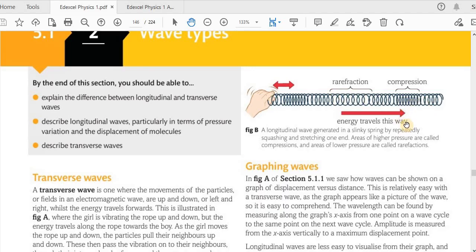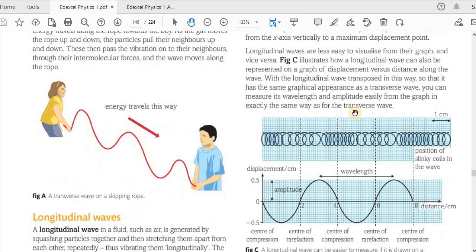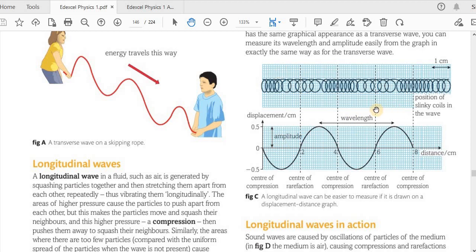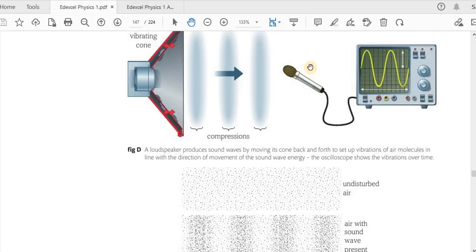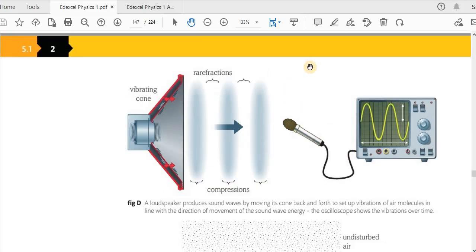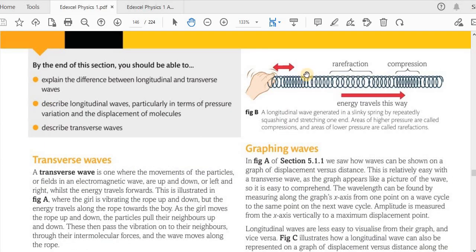Compressions are where the particles are close together. Rarefactions are where they are further apart. And this happens when a wave is passing through, where the wave is a longitudinal wave. Then remember this graph we went through. Sound wave is a longitudinal wave. You can create longitudinal waves in a slinky like this.